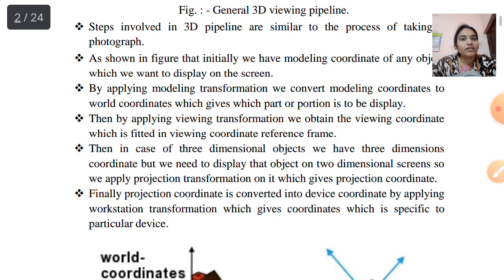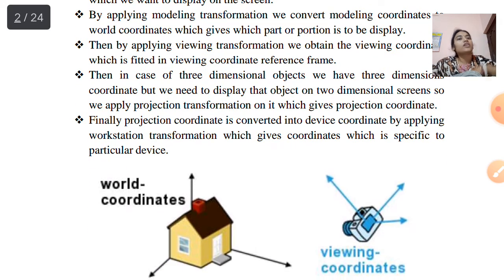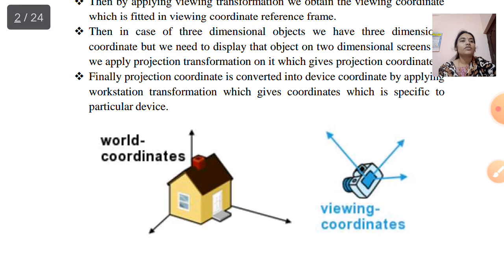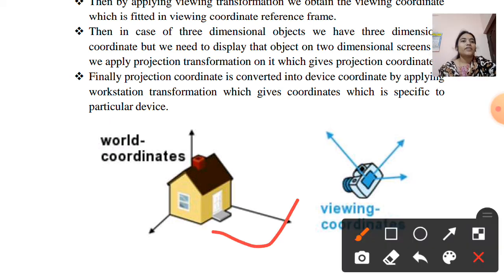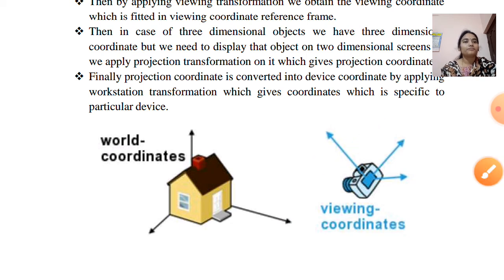Then finally, the projection coordinates are converted into device coordinates by applying the workstation transformation, which gives coordinates specific to the particular device. So this one is your world coordinate and this one is your viewing coordinate. World coordinate images look like this and viewing coordinate images look like this, according to the camera analogy.